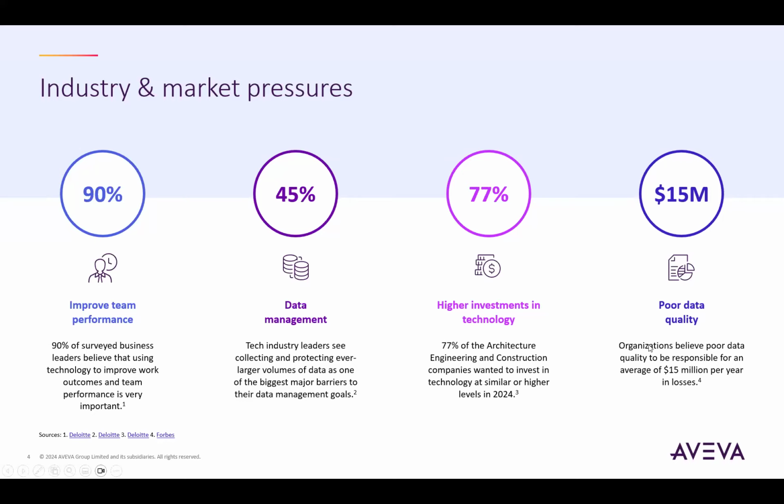And finally, organizations believe that they waste $15 million every time they execute a project because of poor data quality. Those are just the numbers according to surveys done by the sources that I have mentioned below on the screen here.